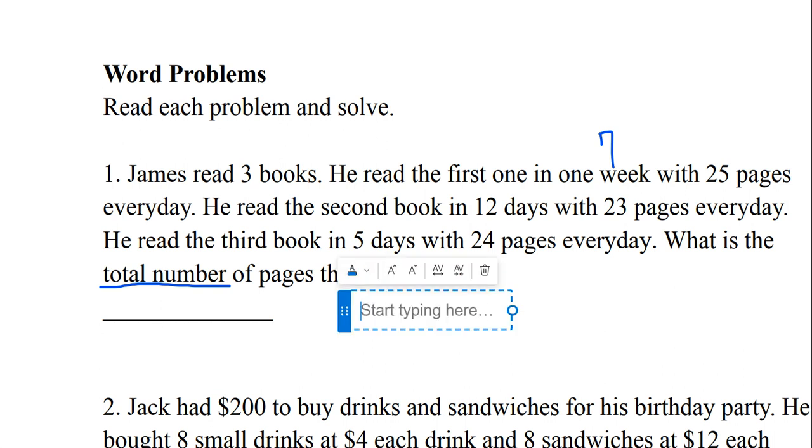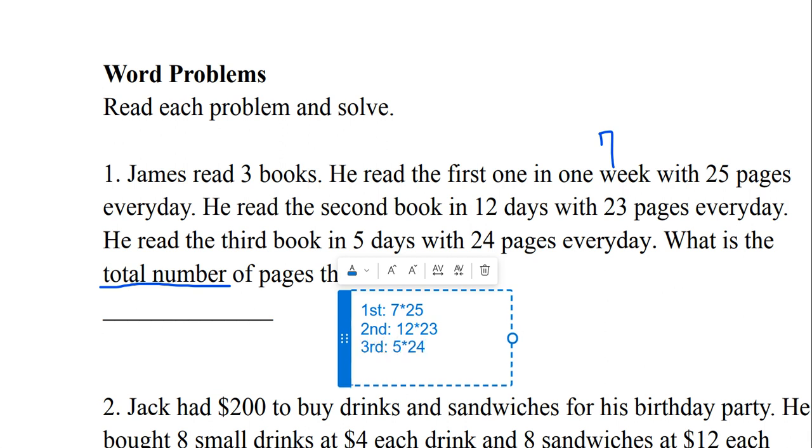For the first book, we can make an equation something like 7 times 25, because you're reading 25 pages every day for 7 days. And for the second, you can write it like 12 times 23, because in 12 days, every day you're reading 23 pages. And for the third, you can write 5 times 24.